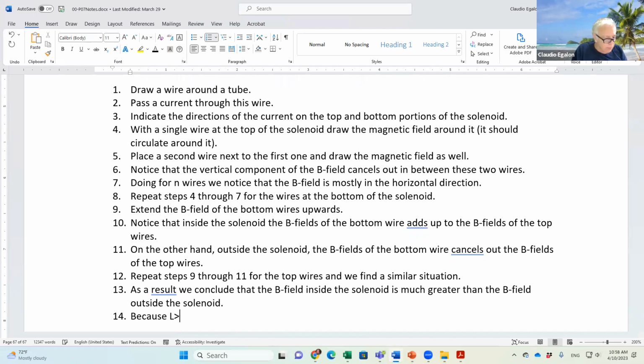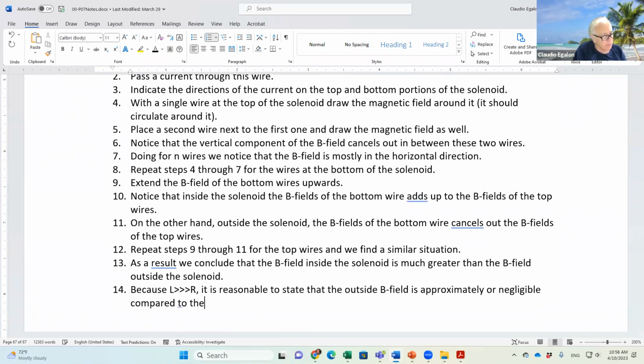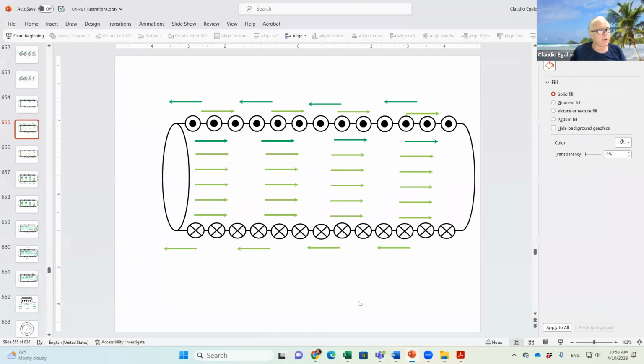Because L is much greater than R, it is reasonable to state that the outside B field is approximately 0 or negligible compared to the field inside the solenoid. Okay, we didn't finish yet. There's more. Here is just the qualitative portion.